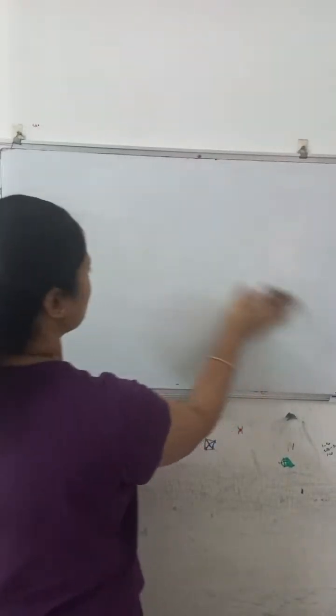I will repeat the question with options. Options are: A, x square plus 3; B, x square minus 3; C, x square plus 9; D, x square minus 9.